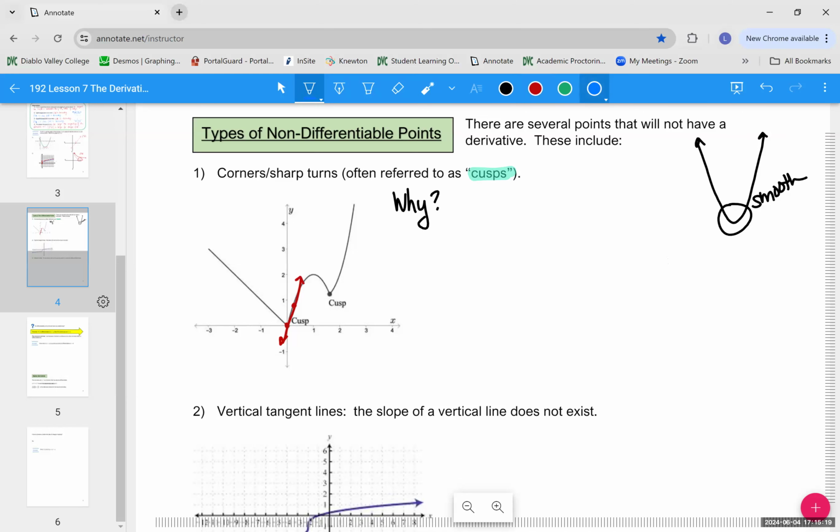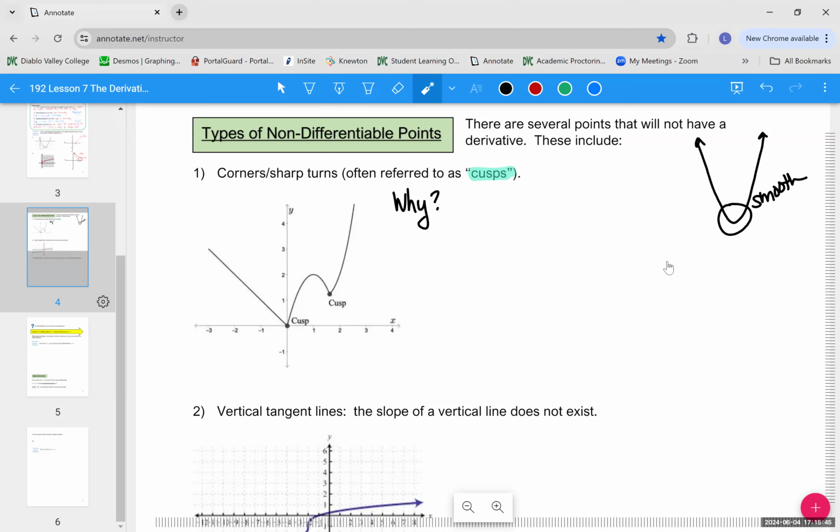But if I were to approach it from the left side, I'm looking at completely different secant lines. And in fact, it's easier if I get rid of those pictures. This one is coming to be very close to a positive, almost infinite slope, whereas on this side, my slope is really just the slope of this line, and that would be a negative number.